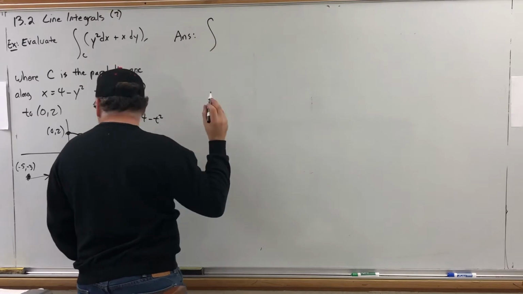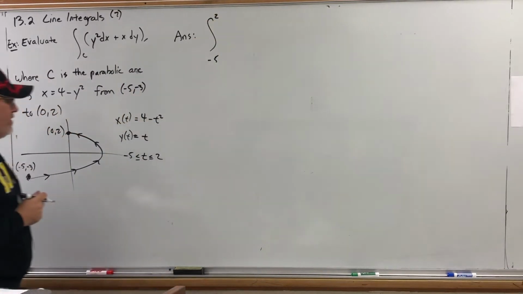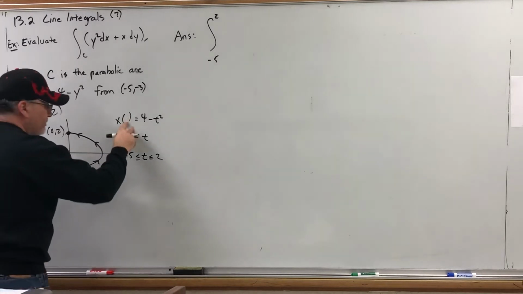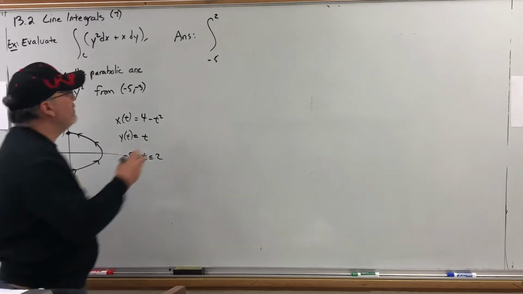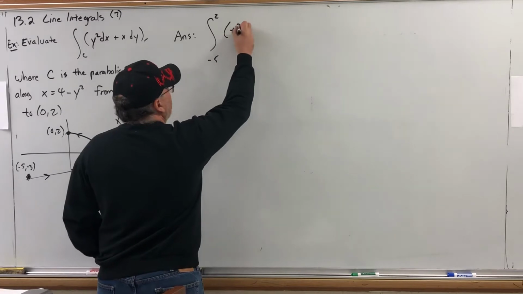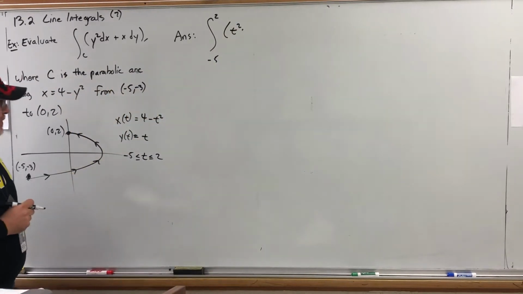So we're evaluating it from negative 5 to 2, since we're defining our parameter as y. We're replacing y with what it equals, which is just t, so t squared. Now we need to take the derivative of the x function with respect to t.